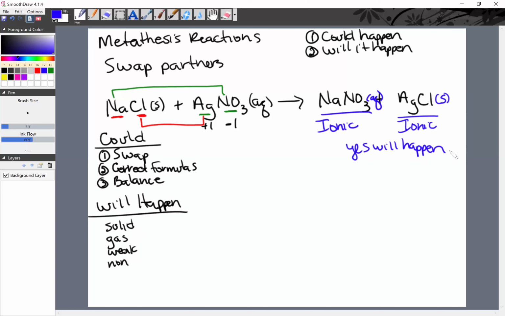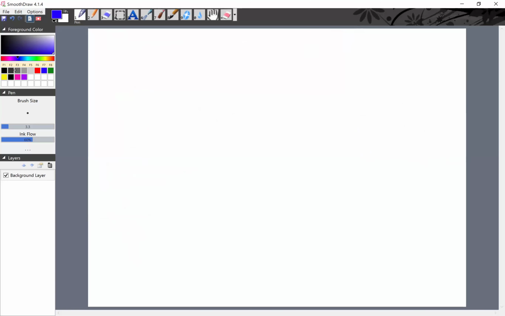Right, let's try another. Let's take some magnesium carbonate, and we'll take a bottle of solution off the shelf. But I want to react it with sodium sulfide.